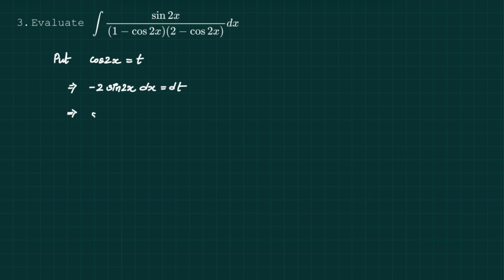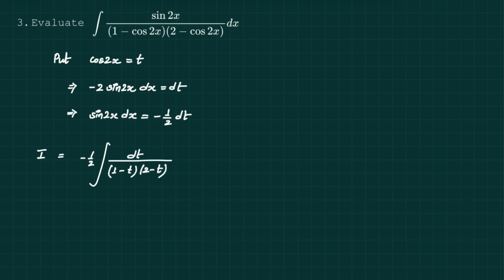This implies sin 2x dx equals minus 1 by 2 dt. So the given integral I will be equal to the integration of minus 1 by 2 dt over (1 minus t) into (2 minus t).